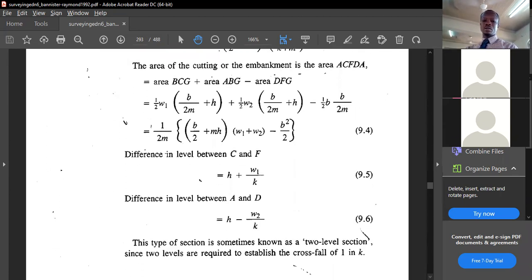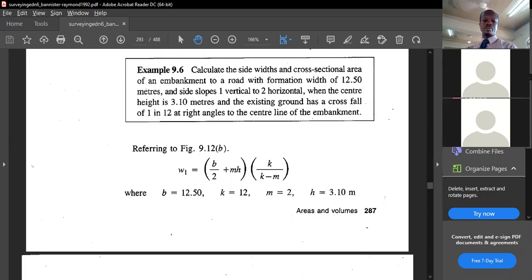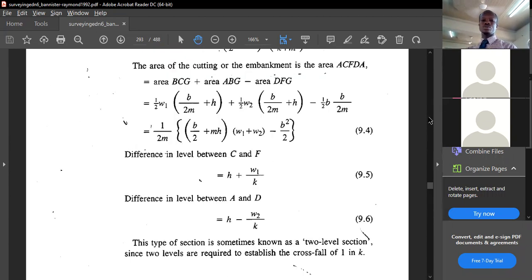Exactly. We need to know the area, which we are going to write down. The area is a very complicated one: 1 over 2m, times B on 2 plus mH, times W1 plus W2. If this comes in the exam, you have to recollect this formula, but it's not even the most complicated formula I've seen.